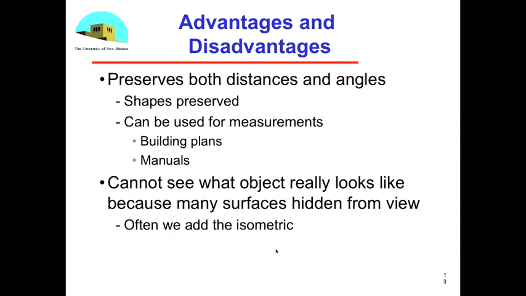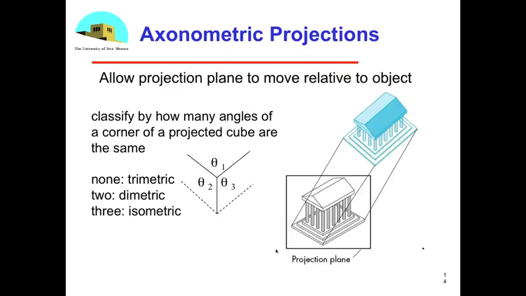But in this one, to get what's called an axonometric projection, the projectors are always still perpendicular, but I now can move the projection plane with respect to the object. So you see the parallel projectors here. You have to accept it, I sort of try to draw them so they're perpendicular to this face.